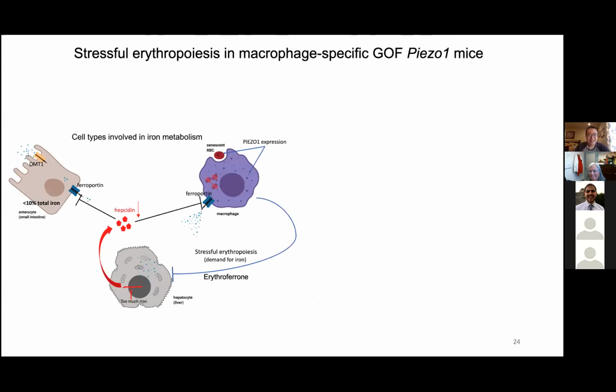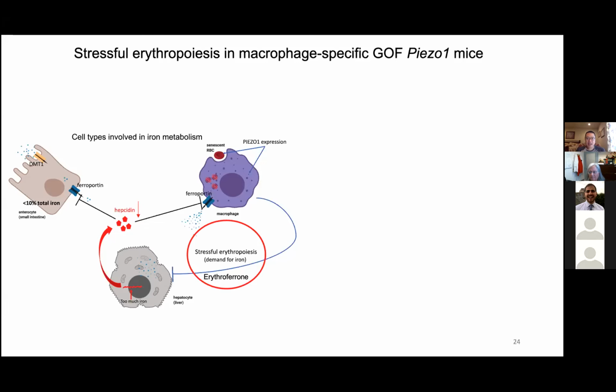Next, we found that stressful erythropoiesis also happened in these macrophage-specific gain of function PAS1 animal models. As I introduced, stressful erythropoiesis is important to suppress the production of hepcidin.